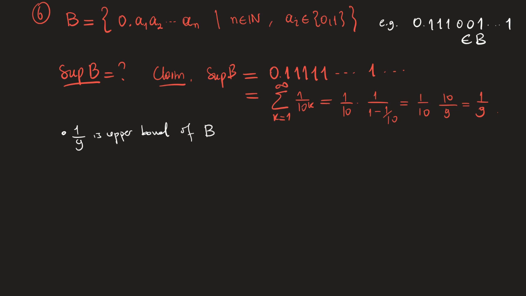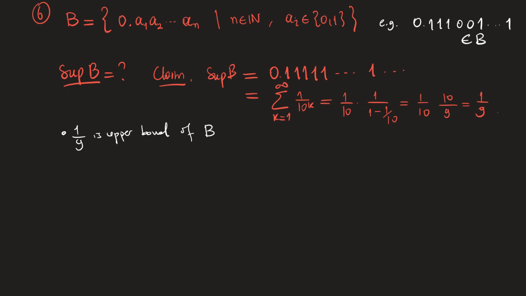Right? Given any number in this decimal fraction, if it ends somewhere, even though every digit is 1, it cannot exceed 1 over 9, because 1 over 9 is equivalent to this decimal fraction. Okay, so this is indeed an upper bound. How can we show that it is indeed the supremum of the set?